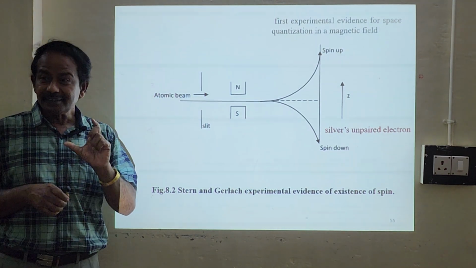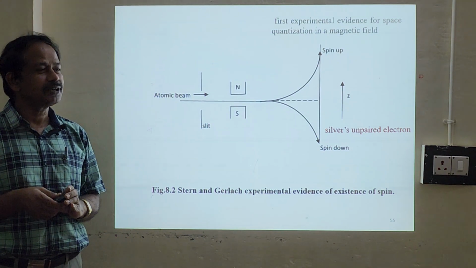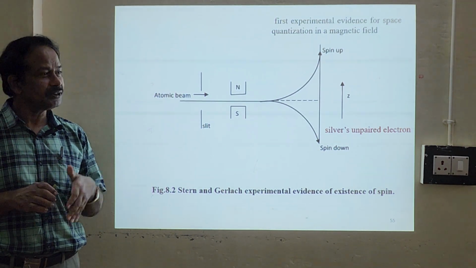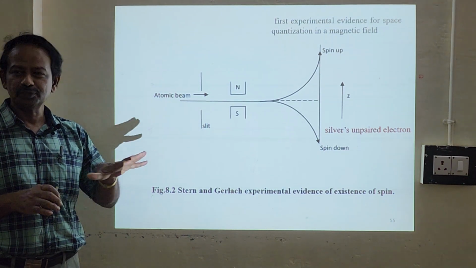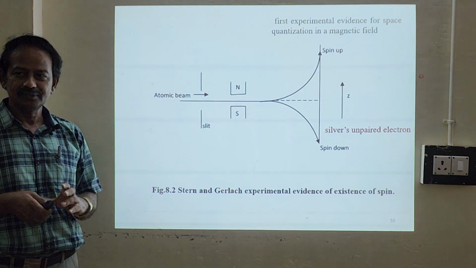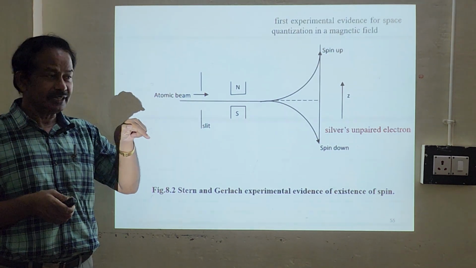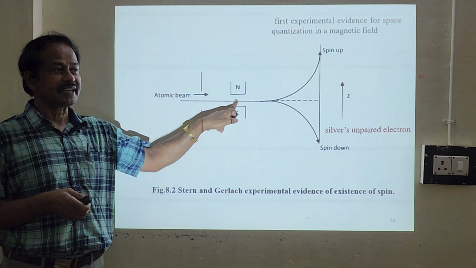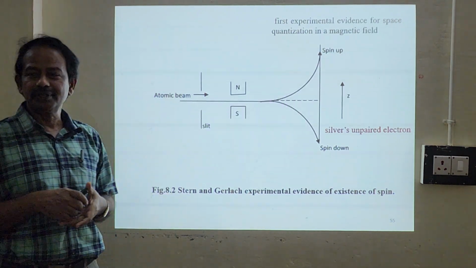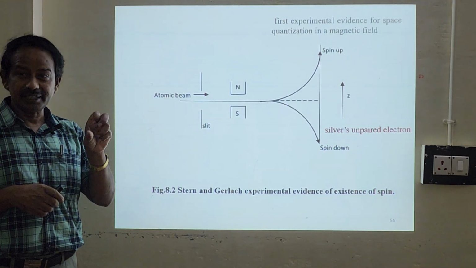And they guessed. We know already that a silver atom has 47 protons and 47 electrons, so they are all neutral in charge. The silver atom as a whole is a neutral one. If it passes through the magnetic field, he guessed that he could obtain only a spot at the center, because it will not be deflected by the magnetic field.